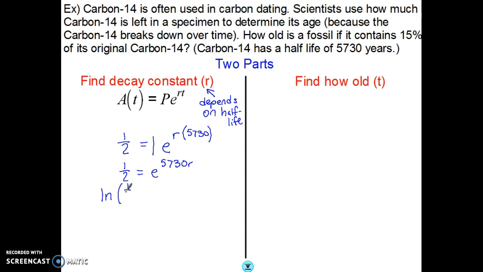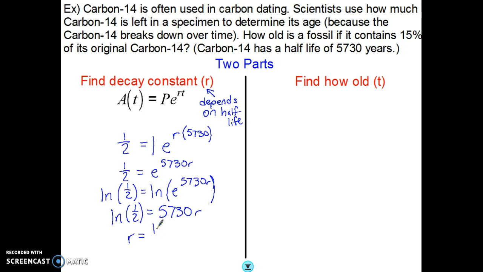So the natural log of 1/2 equals the natural log of e to the 5,730 R. Natural log and e cancel each other out, giving us natural log of 1/2 equals 5,730 R.